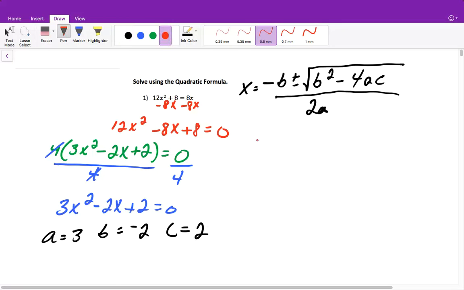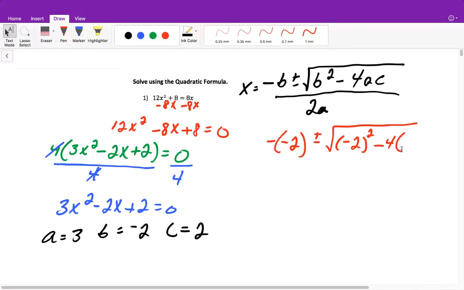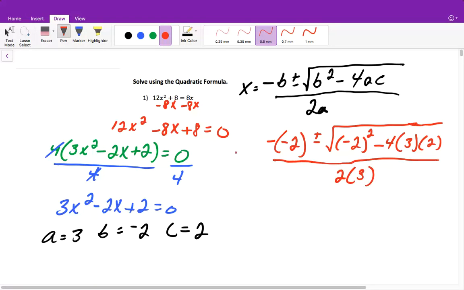Now we just plug it in. So negative b, so it's negative of negative 2, plus or minus the square root of b squared, so negative 2 squared, minus 4 times a times c, so times 3 times 2, all over 2 times a, which is 2 times 3. All right, so now I'm going to do everything inside the radical.